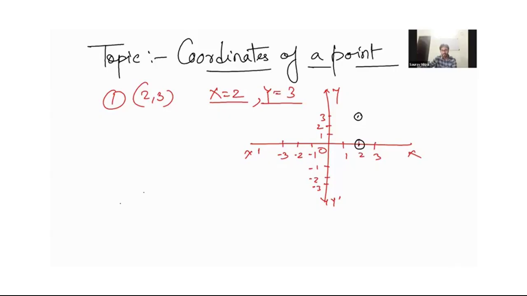So this point will be called your 2 comma 3 point on the graph, and we have to give it some name. Moreover, if they ask which quadrant it is in, this is the first quadrant, as in the first quadrant both x and y values are positive. Clear? This is how we can draw the graph.